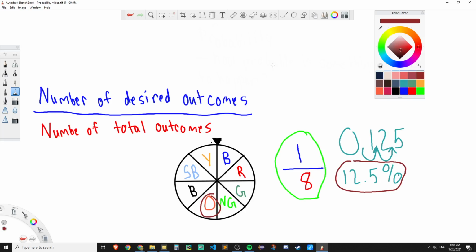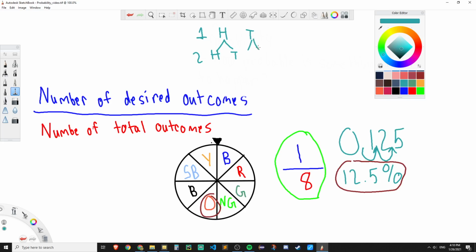Well, for this problem, we can draw a tree. Okay, so for the first flip, we have the possible outcomes of heads and tails. For the second flip, if you get heads, the 2 outcomes would be heads or tails.